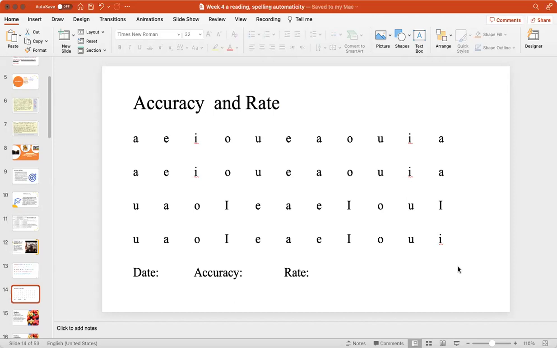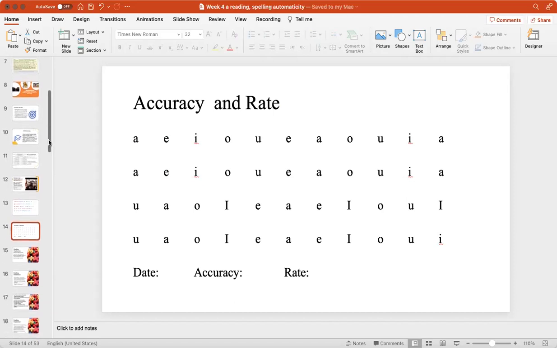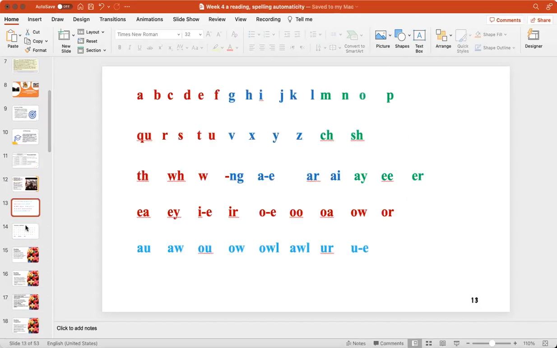So here's some things that when you work with your partner, you should take a screenshot of this also, guys, because we're going to use those 2 slides. There's different ways to use a sheet like this. One of the things that you can do is you can say, I only want you to read the red letters.